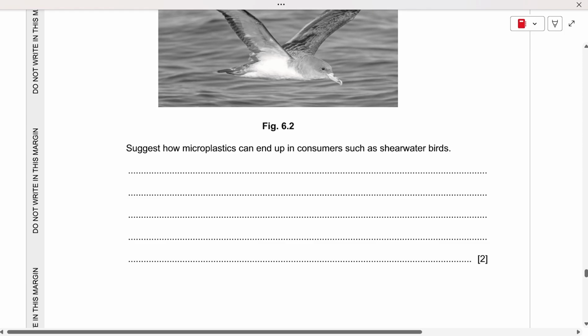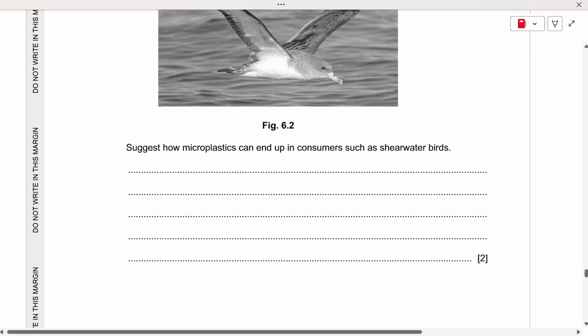So they can be thrown into the water. Because they are so tiny and non-biodegradable, they are eaten by fish. Once eaten, they remain in the fish's body, and then the shearwater will come and eat that fish with the microplastics within it.